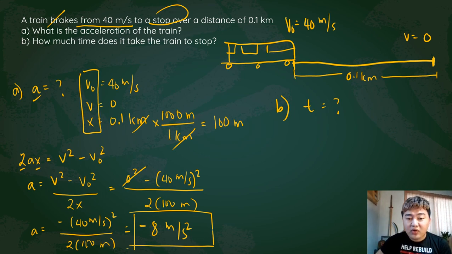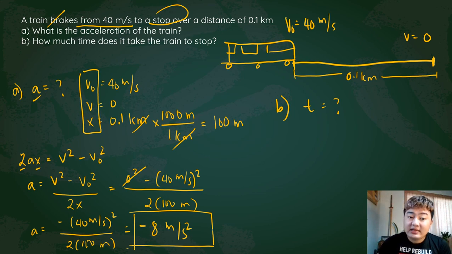So again, you know that our variables are initial velocity, final velocity, x, and then you have time. Now, what equation can we use to solve for time? What equation contains initial velocity? What equation contains final velocity? What equation contains x? And what equation contains time?